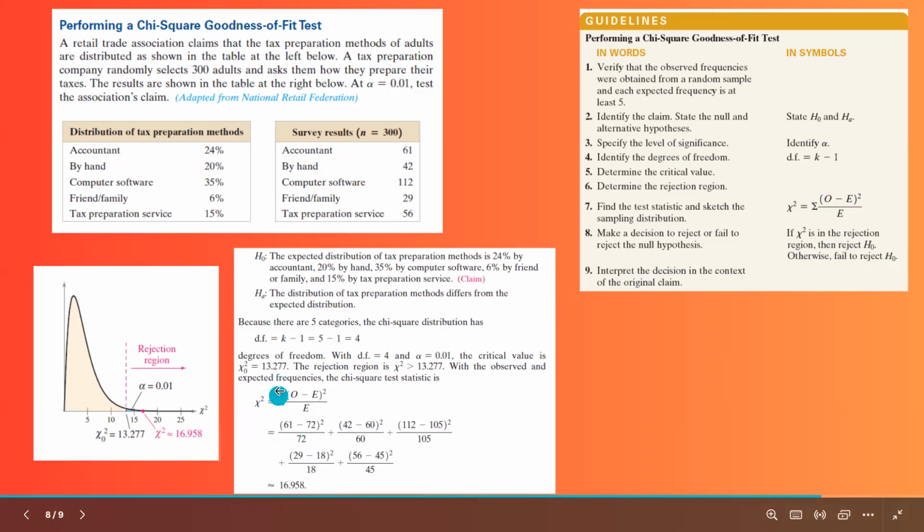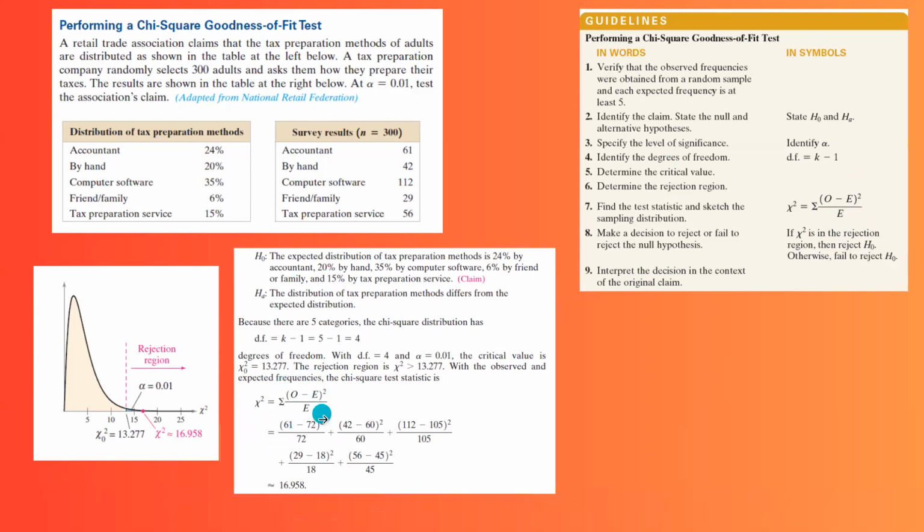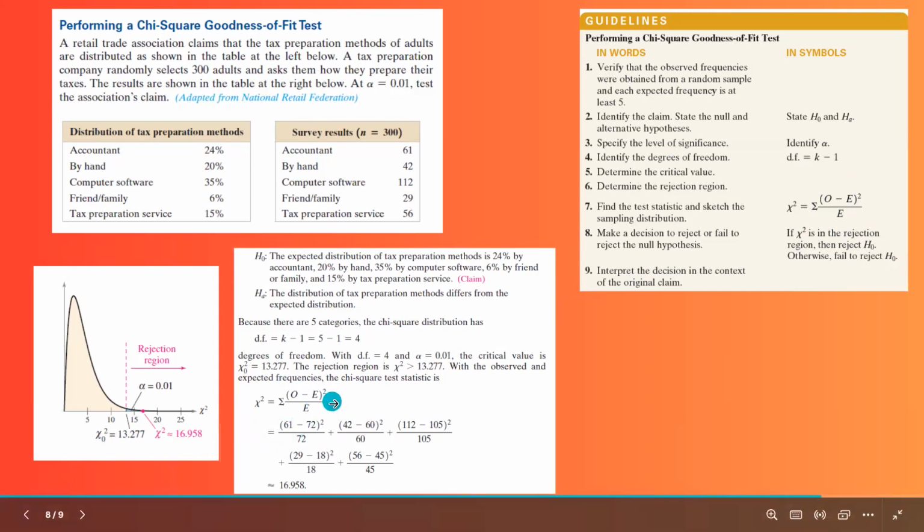So observed is 61, expected is 72, raised to the second power divided by 72 is for first category, plus observed minus expected to the second power divided by 60 for the second category, and so on. We add these numbers together and we see that it is 16.958.